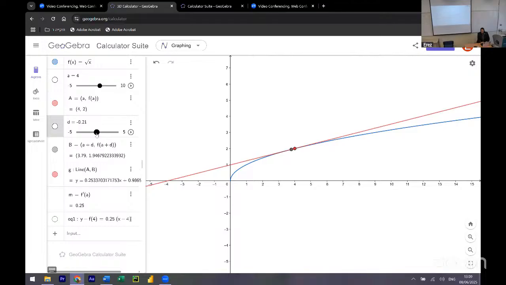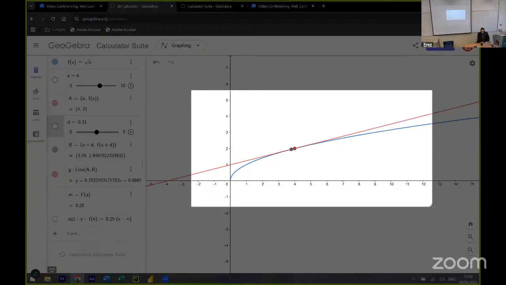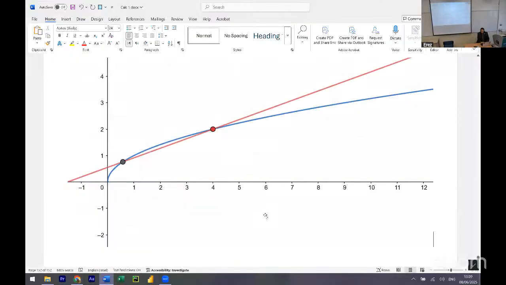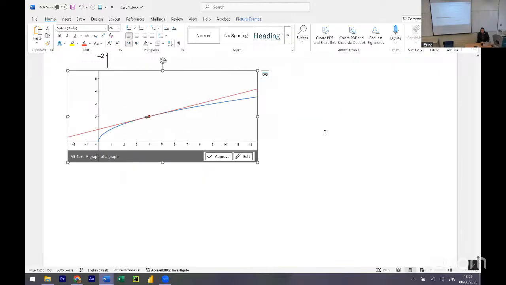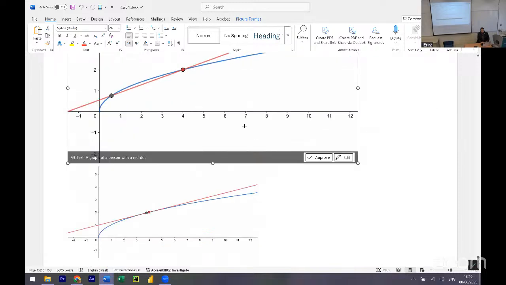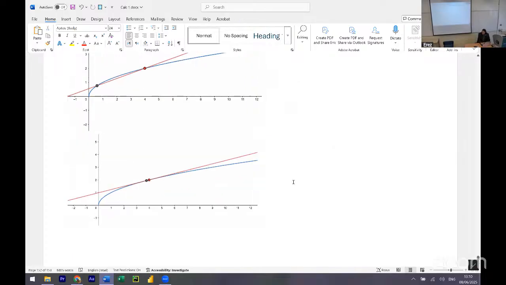Agreed? What can you say about the slope of the chord or the chord itself? It's way closer to what? Yeah, to the tangent, right?